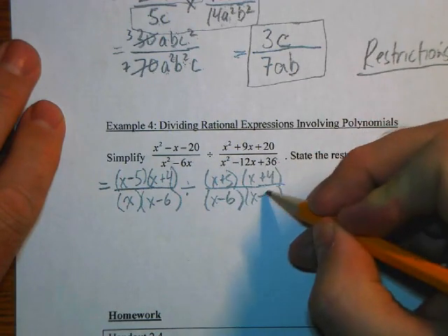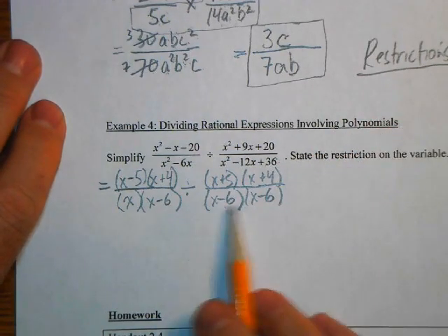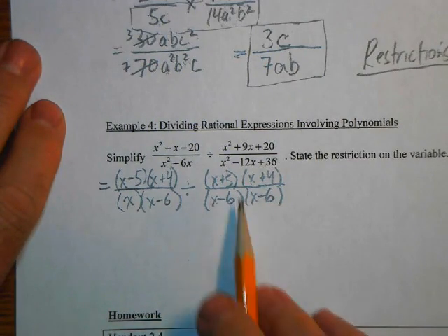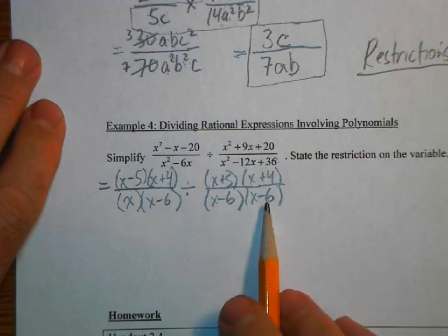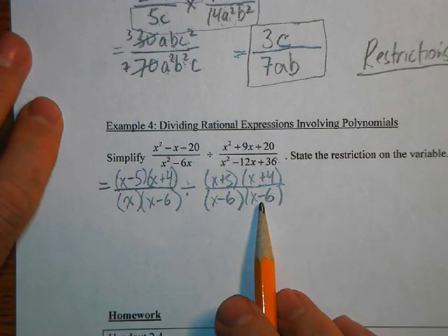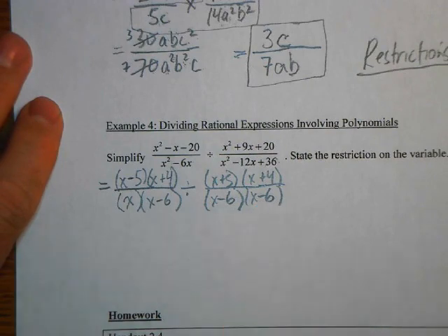Now, legally you could put this as x minus 6 squared, but I would prefer if you actually wrote both of those same factors out twice, because there's a pretty good chance you might want to cancel one of them, but not both of them. So that's why you leave it without the exponent if they're the same.